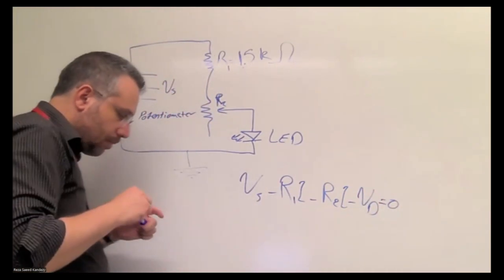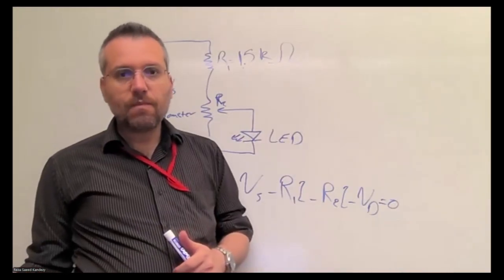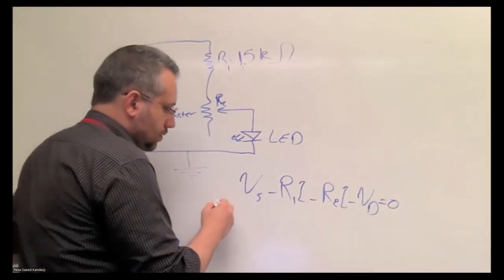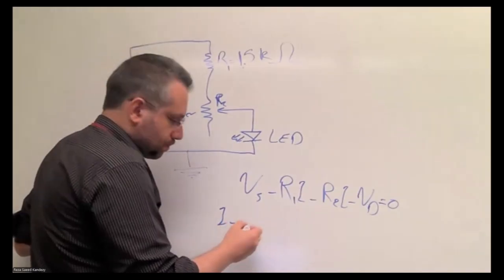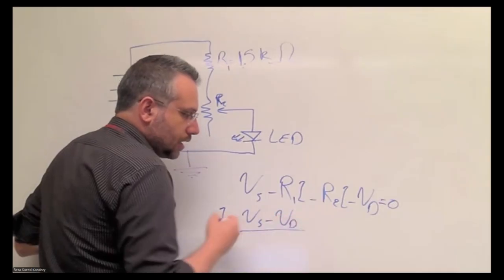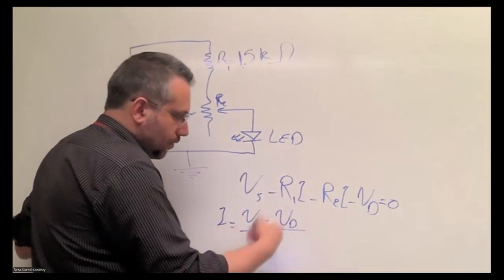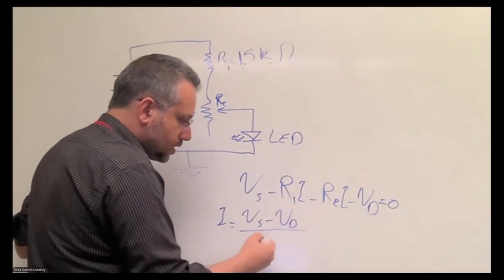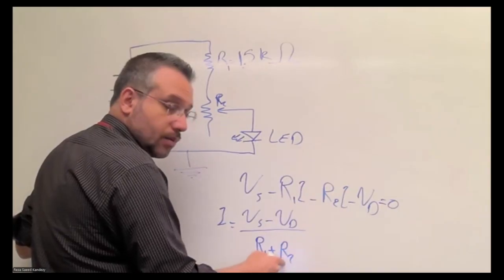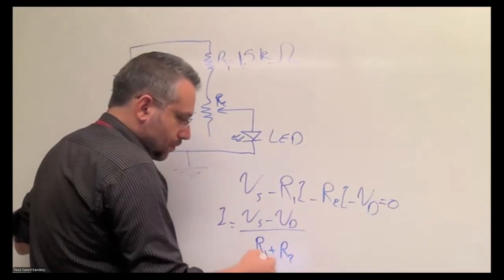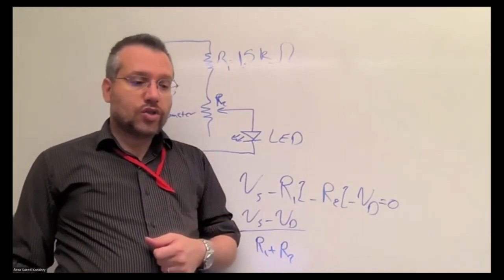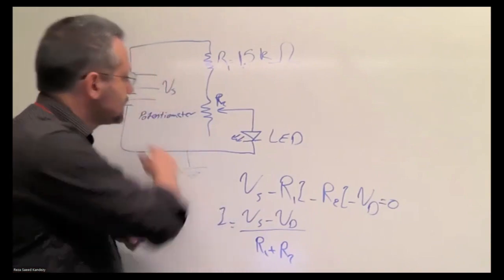Based on that, you can calculate that our current is going to be our voltage source minus the voltage across the LED, divided by the total R, which is R1 plus R2. R2 is variable because it is a potentiometer. So that gives us how much current is passing through our circuit.